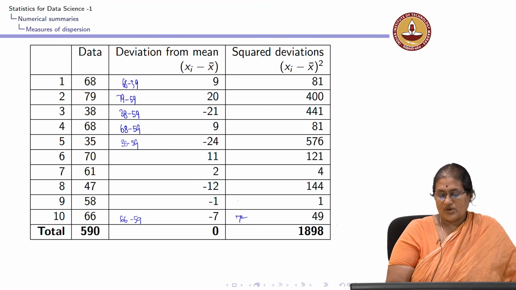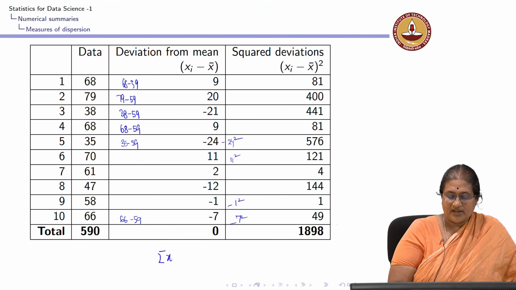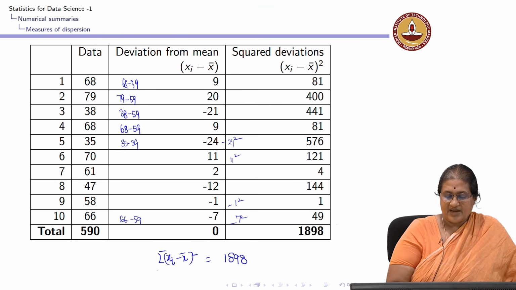This is 7 square, 1 square, 11 square, 24 square, minus 24 square, minus 1 square, minus 7 square. So the numerator, the sum of xi minus x bar whole square, is 1898. I have n equal to 10.